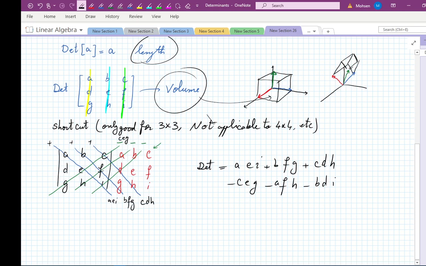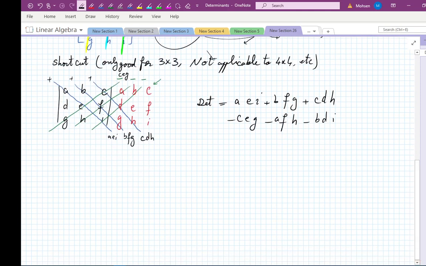And many of these attributes I just mentioned do show up in 4x4, 5x5, and so on, except that it gets to be a lot more crowded, and the size of the answer starts to grow rather quickly.